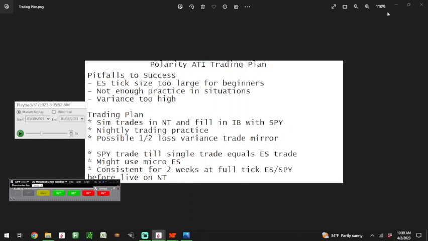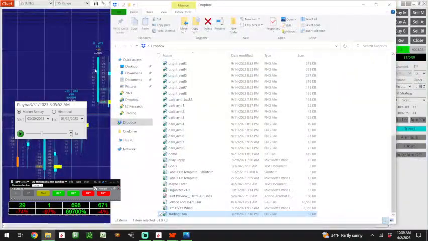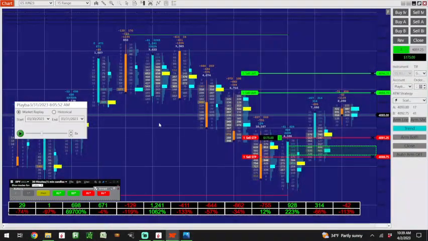Actually, let me just show you what it will look like. Okay, so it will look like this. Now, obviously, this is in playback at the moment, so it won't have this little playback thing. But I'll have my IB window, which is rigged to stay on top. When it enters a trade here in NinjaTrader, I'll just enter the trade here in IB.